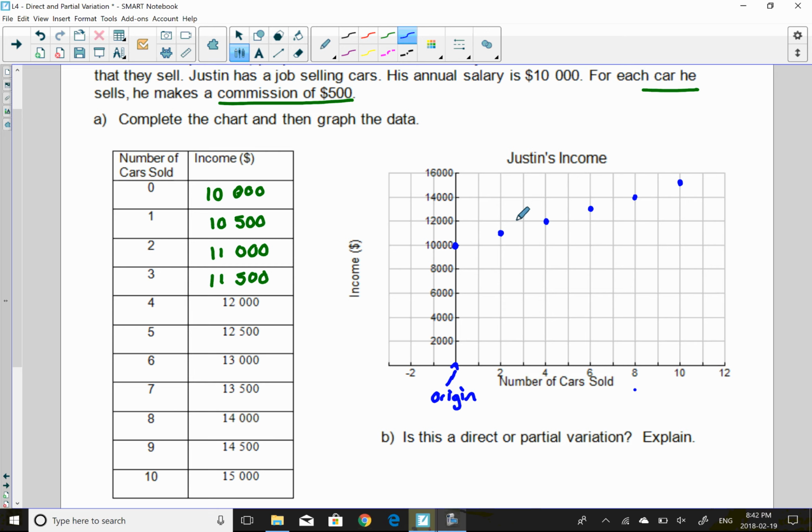Okay. So you'll notice it's going to be a straight line for all the points.